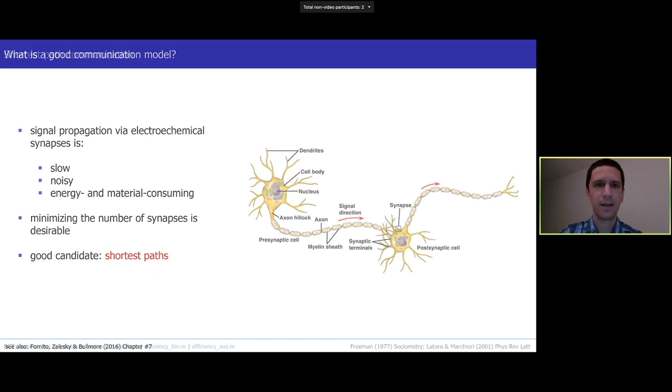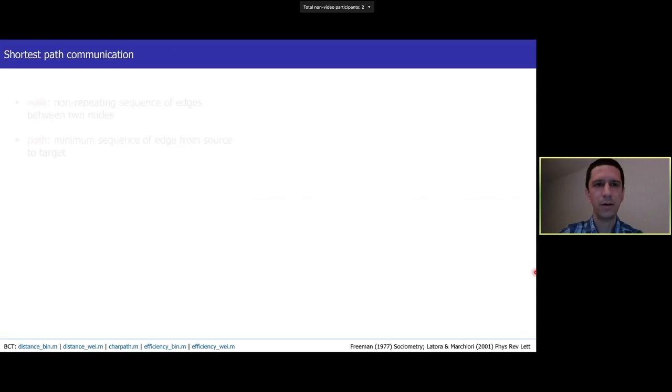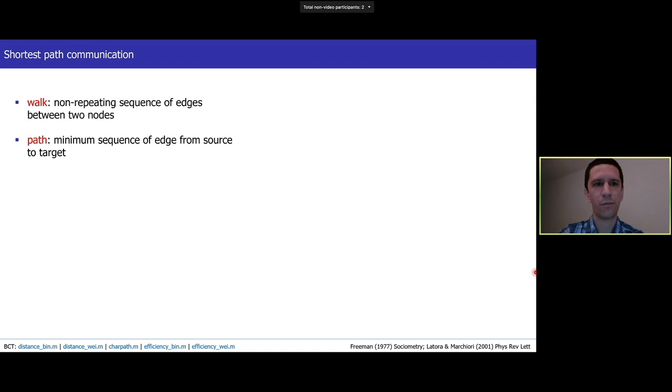I just want to start out by disambiguating two concepts, and that is the idea of a walk and the idea of a path. With a walk, we take a source node and we take a target node. And a walk is really any contiguous set of edges between these two nodes. So for instance, it can be the following sequence that's indicated in red that actually has a length of 5.